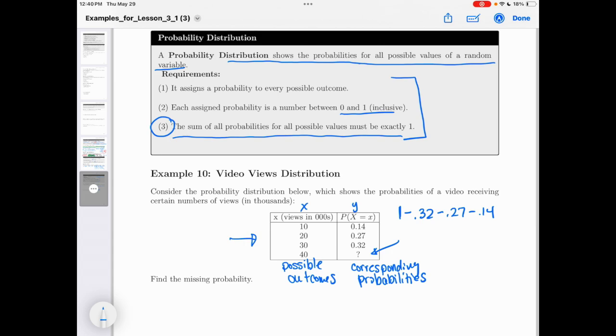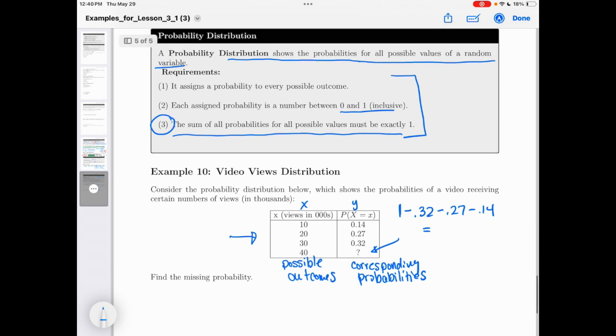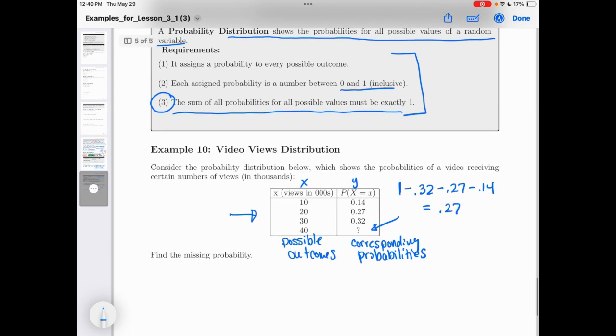When we work that out, we get 0.27. So this missing probability for x equal to 40 is 0.27. When x is 40, we have our probability of x equal to 0.27.